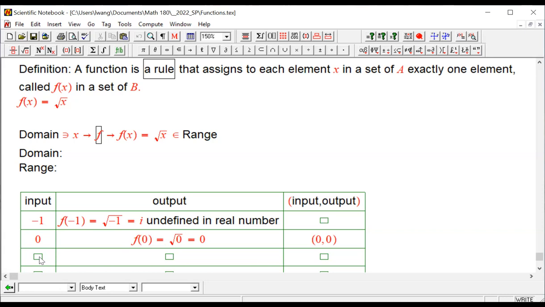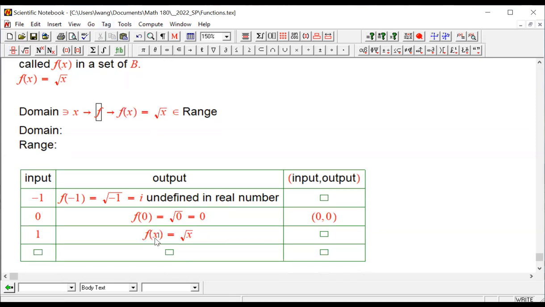How about 1? No problem. For the square root of 1, when the input is 1, the output is exactly 1. So 1, 1. It seems that we can choose any positive number. We can choose 0 as input, and any positive number as input.